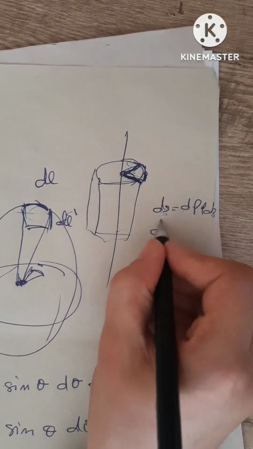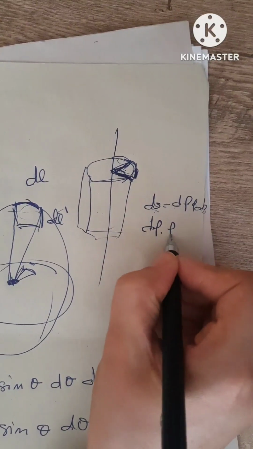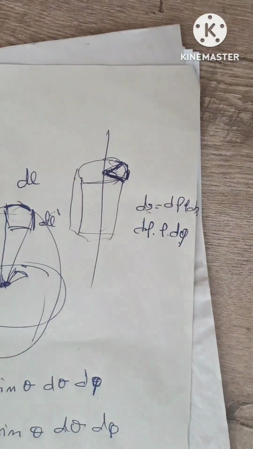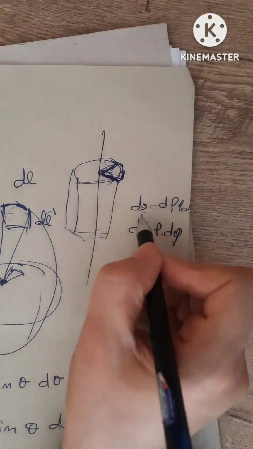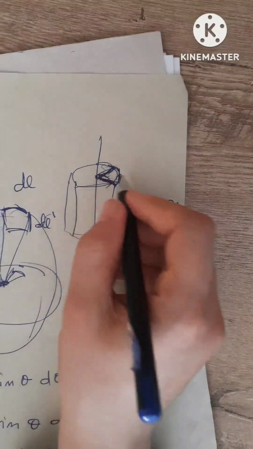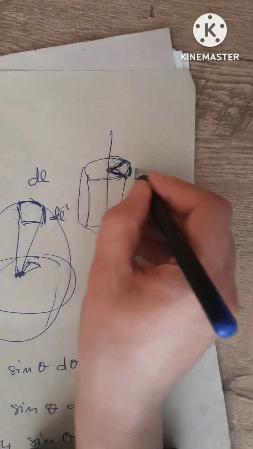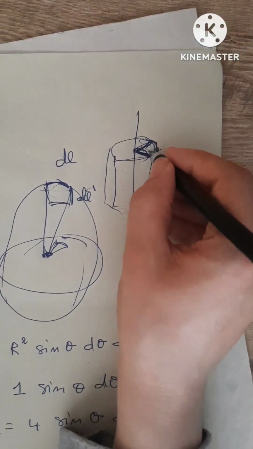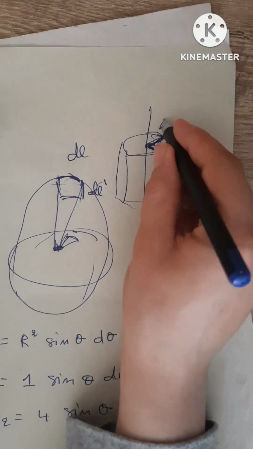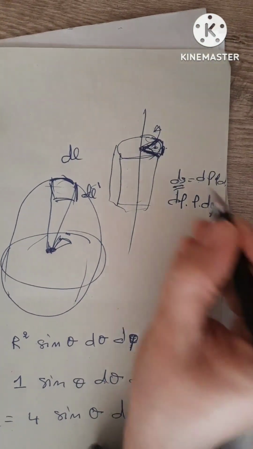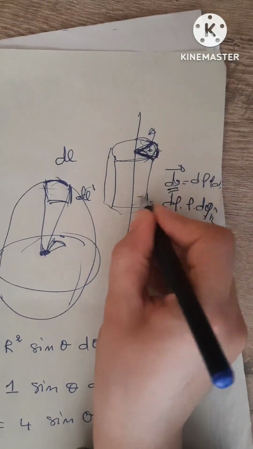So d rho, rho d phi. We just have to define the dS, of course with its direction, which depends on the surface. For this one it is the direction of z.